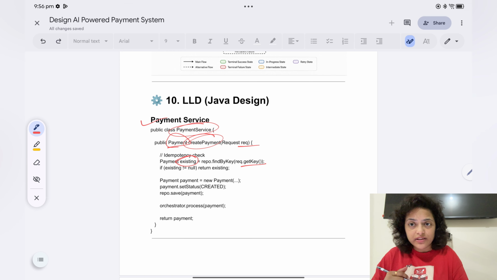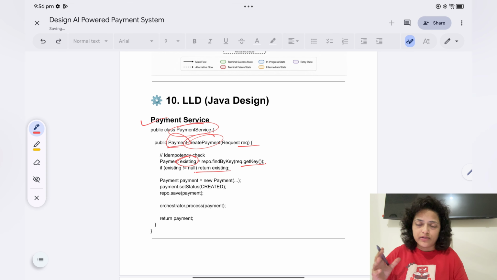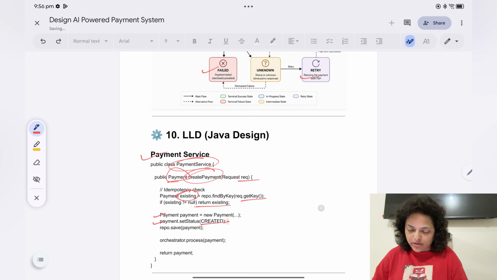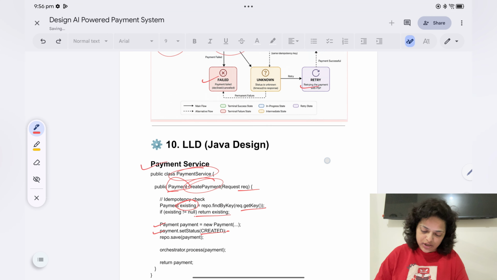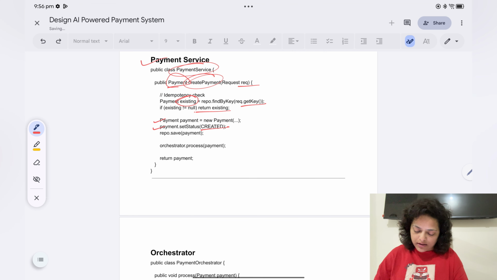If it is existing, then you just return the existing one. You don't need to proceed, because here we will be working on the unique one only. Otherwise it will create a payment and set the status to created initially. Then it will save that payment into the repository, and then call the orchestrator process method with that payment, and at the end return the payment.